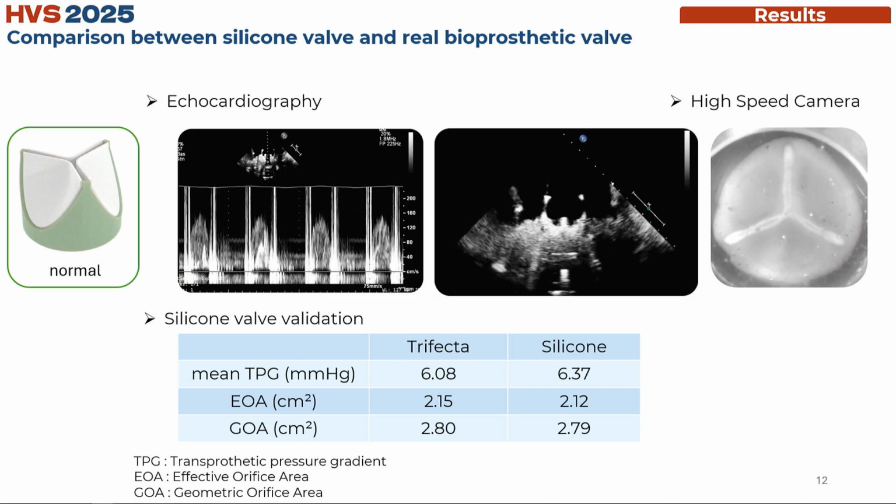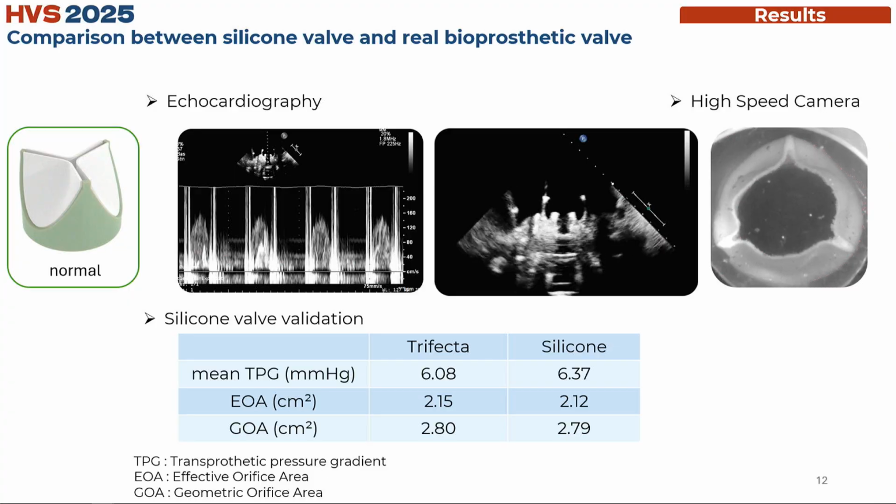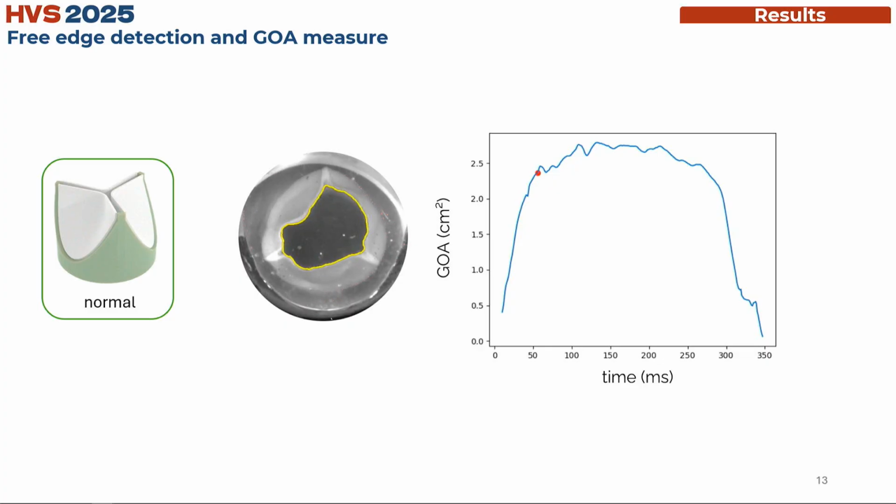For the TPG and the EOA, we measured them with echocardiography. And for the GOA, we used a high-speed camera and our custom-coded Python program to detect the GOA, and we were able to plot this over time.